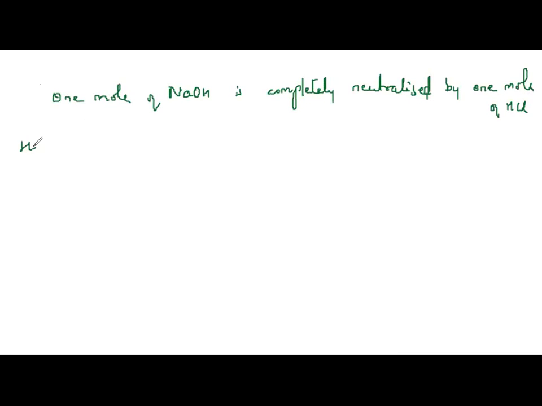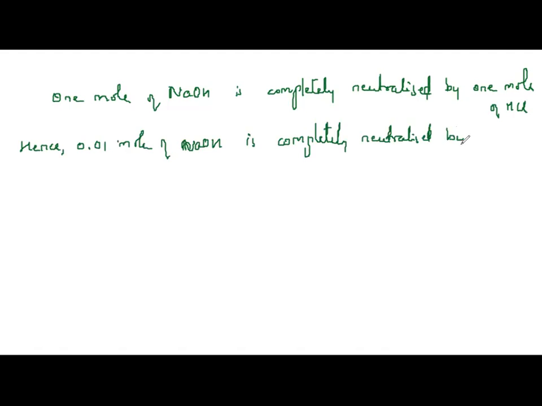Correct? Hence, if they have given us 0.01 mole HCl, then 0.01 mole of NaOH is completely neutralized by 0.01 mole of HCl. Correct? Yes or no? Because in our question they have given only 0.01 mole of HCl, and NaOH, how much have they given? 0.1 mole of NaOH.